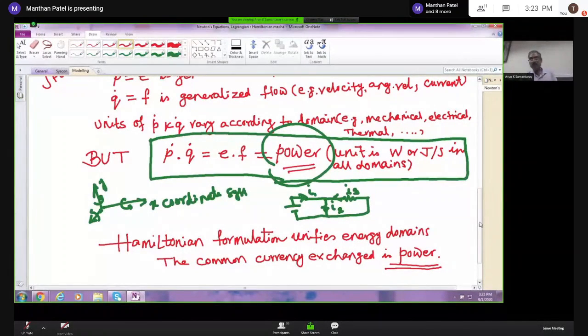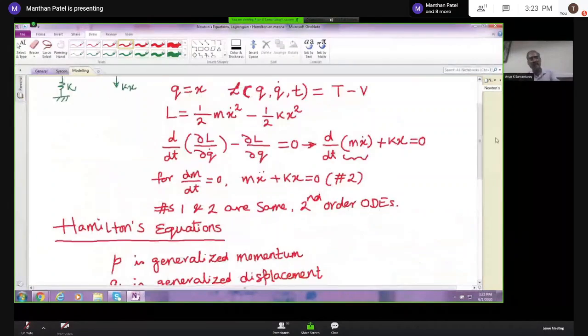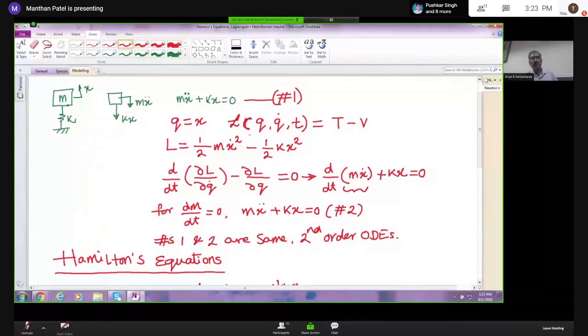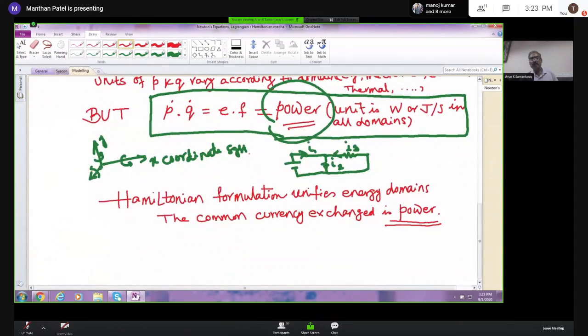So that is why, in comparison to Lagrangian mechanics, where those things were not appearing, momentum and generalized flow... Here, though flow was appearing, momentum was not there. Here, explicitly, we have these relations.